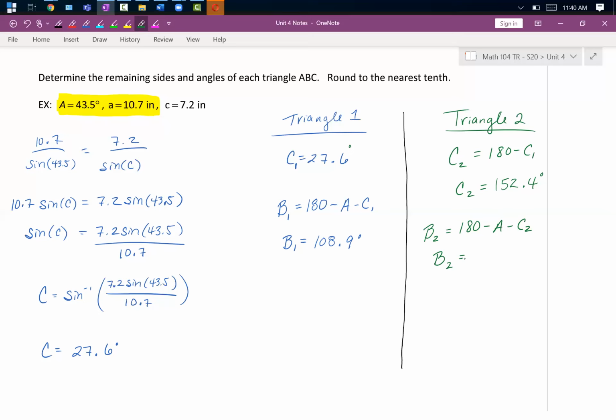I got negative 15.9. Did anybody else get that? Yeah, I got that. Can the interior angle of a triangle have a negative angle measure? No. So because of this negative, I know that this second triangle is not a possibility.